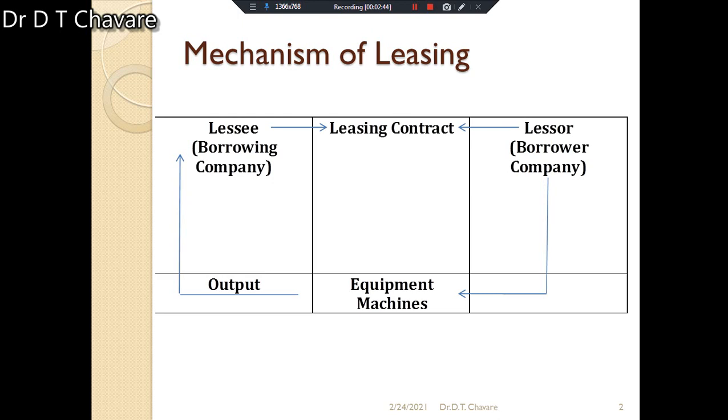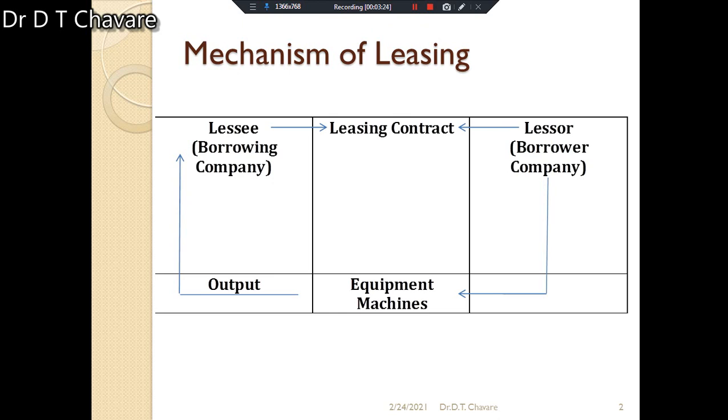The leasing contract defines the terms and conditions along with the consideration of leasing. The borrowing company is termed the lessee, as I already told you, and is the user of the leased equipment. The lender company is termed the lessor, and it is the owner of the equipment and provides the equipment and machines on a rental basis.